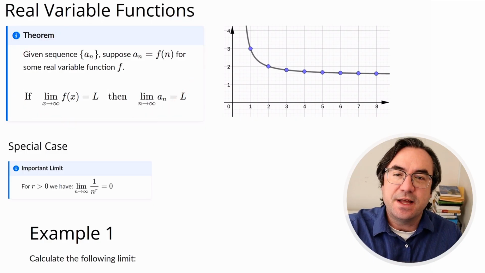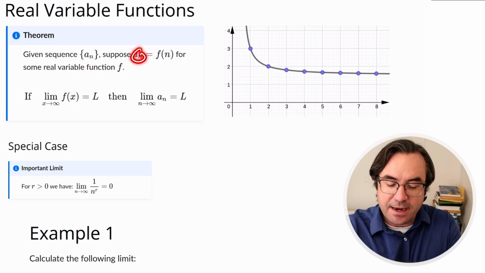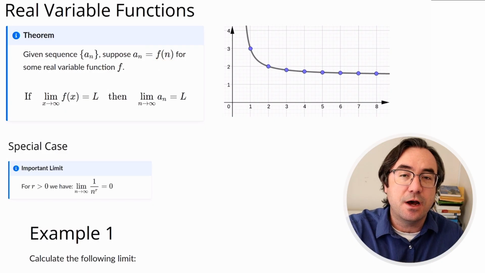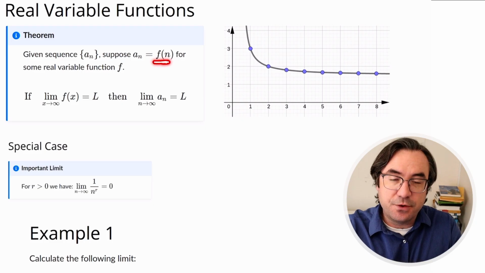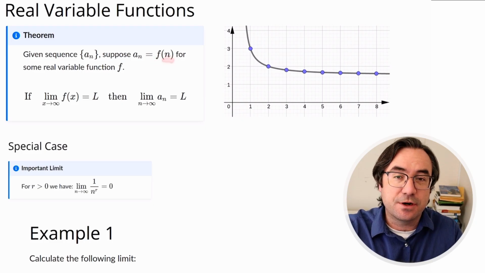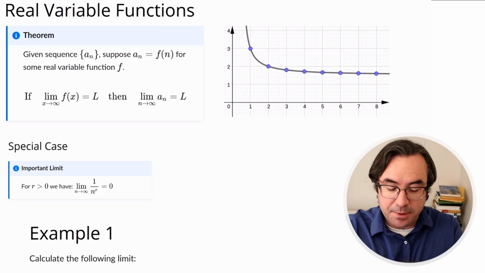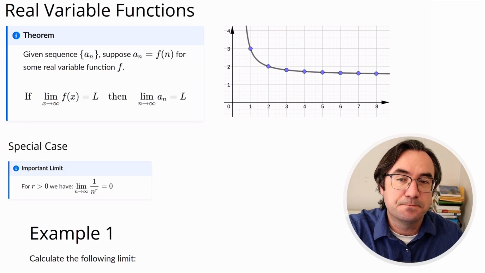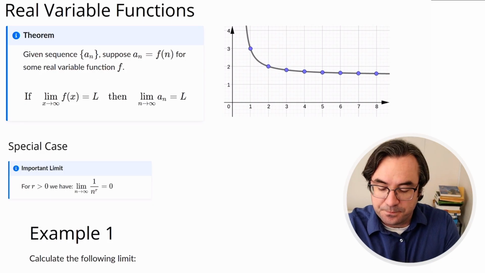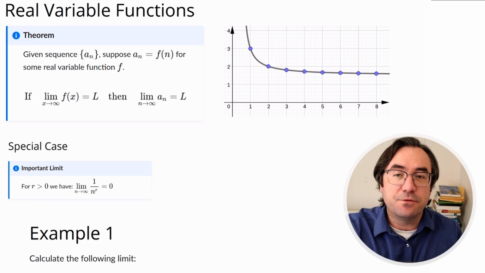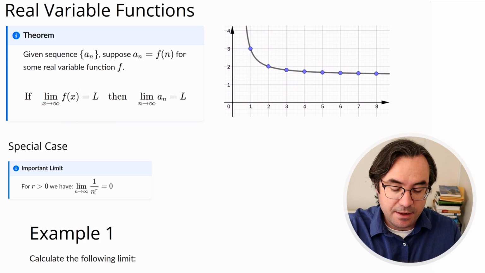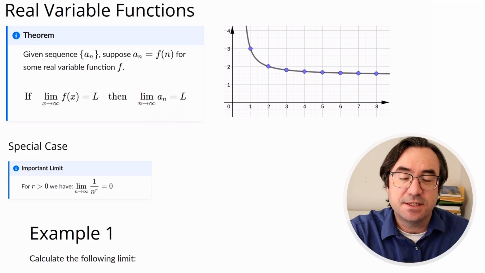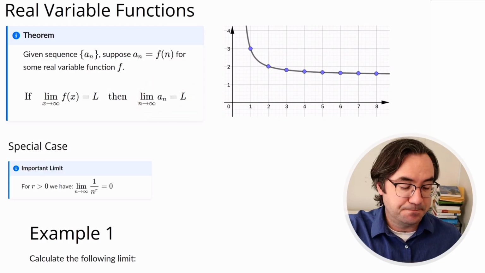It says that if we have a sequence a_n and we view a_n as the output of a function f, so here we're viewing function f with just integer inputs, but this function f also allows real variable inputs, then if the limit of our real variable version is equal to a limit, the limit of our sequence is equal to that same limit.